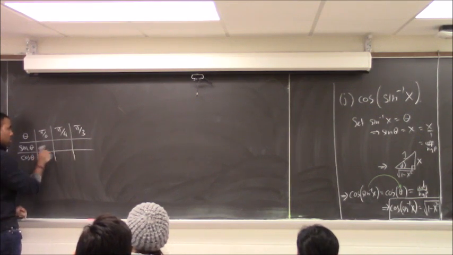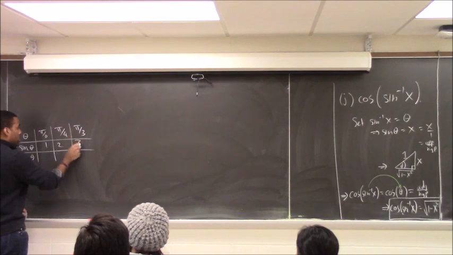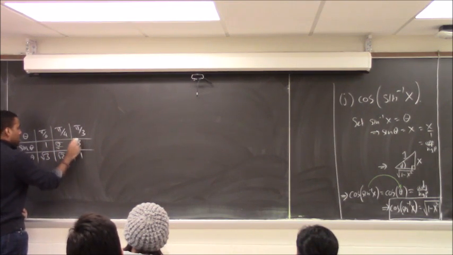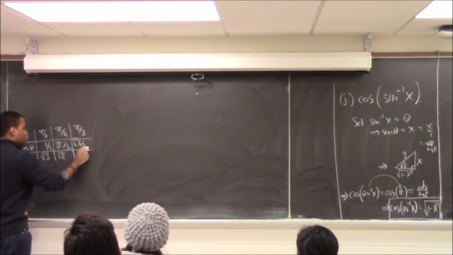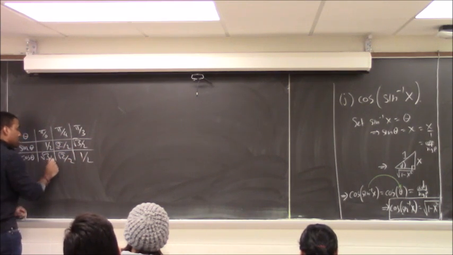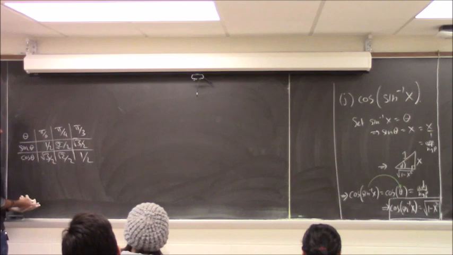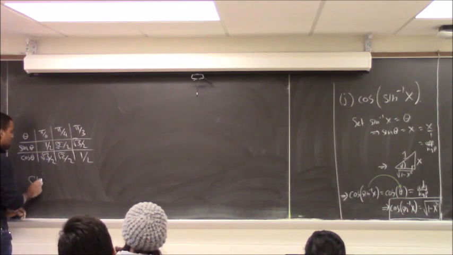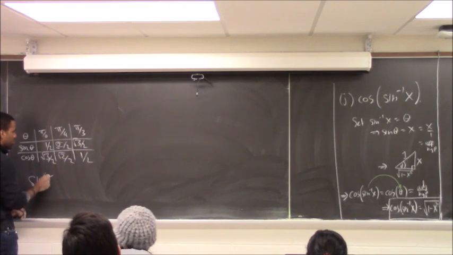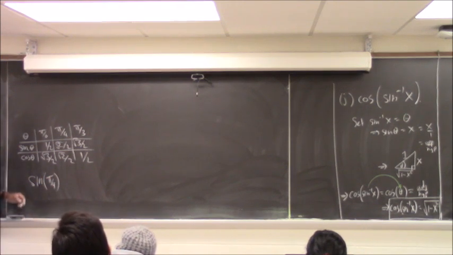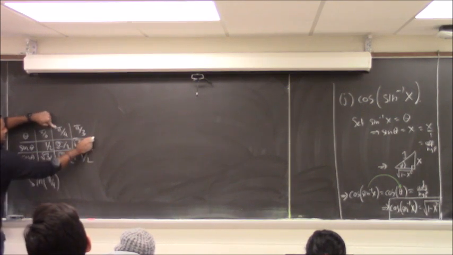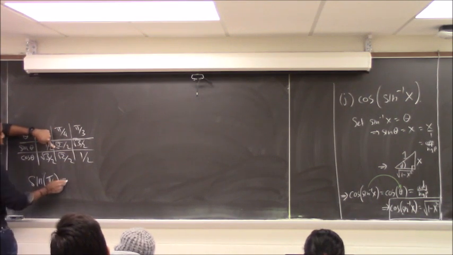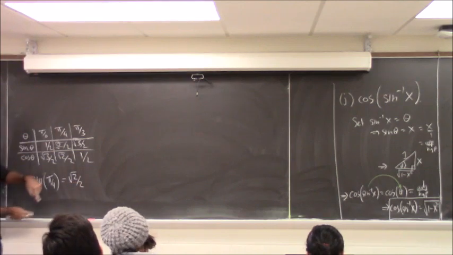What do you do across the top? 1, 2, 3, 3, 2, 1, square root everybody, divide everyone by 2. You need to know how to fill out that table and how to visualize it in your head. Now, when you're looking for just the sine of some angle, let's say the sine of pi over 4, it means someone gave you something that's in the heading of the table, and you need to find the corresponding thing inside the table. So that's going to be radical 2 over 2.